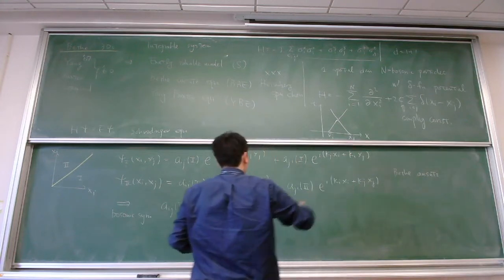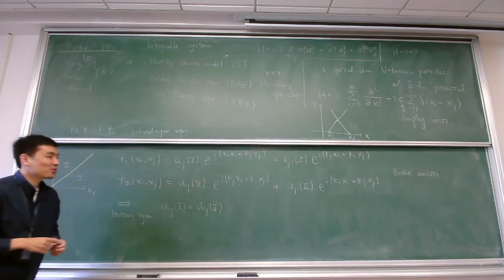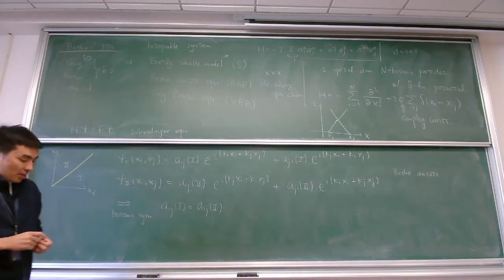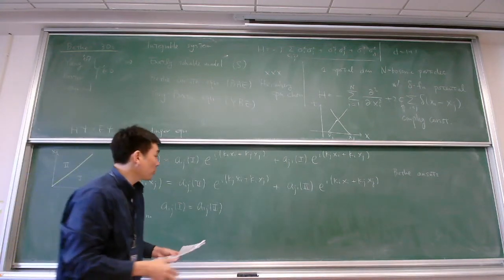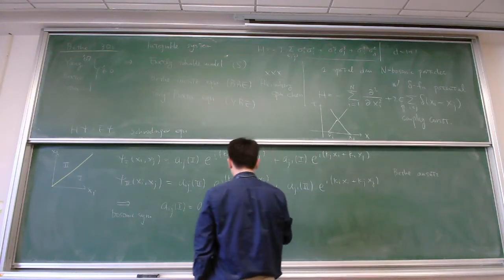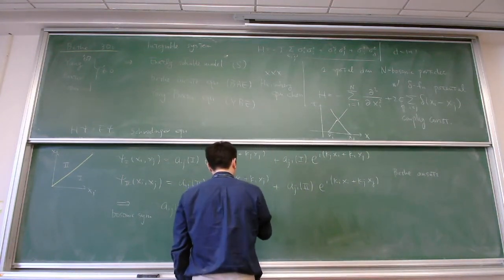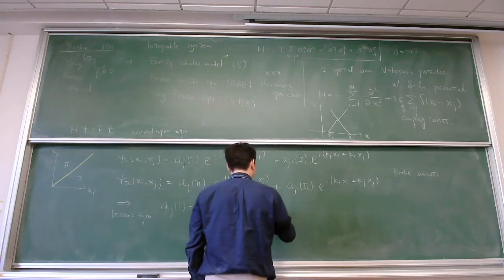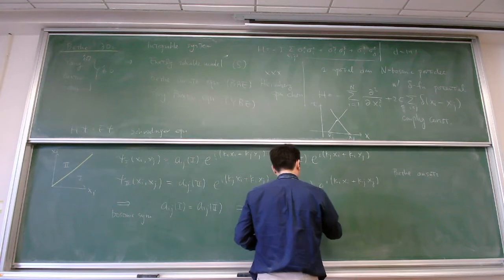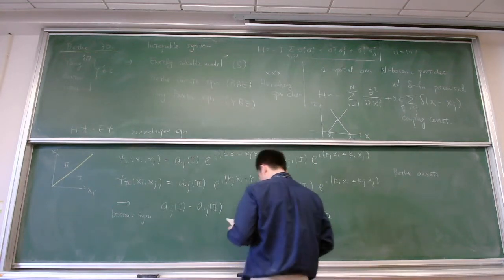My handwriting is horrible, but anyway, you understand which one is i and j. Also, from here, if you assume xi is equal to xj, then the two psi coincide.